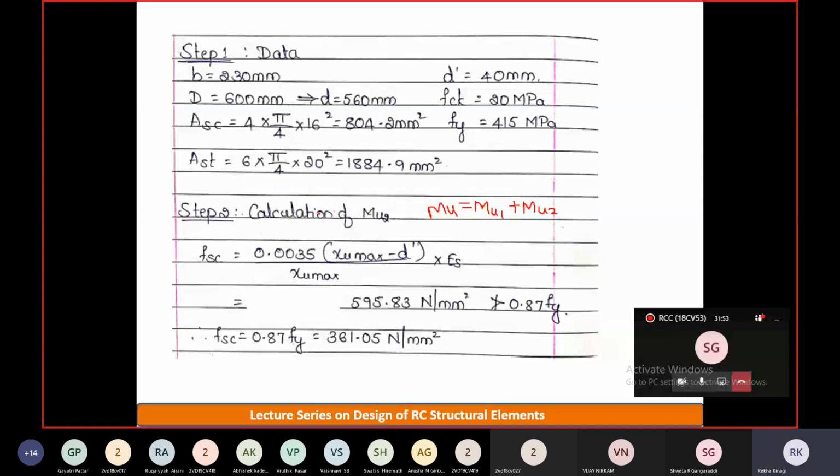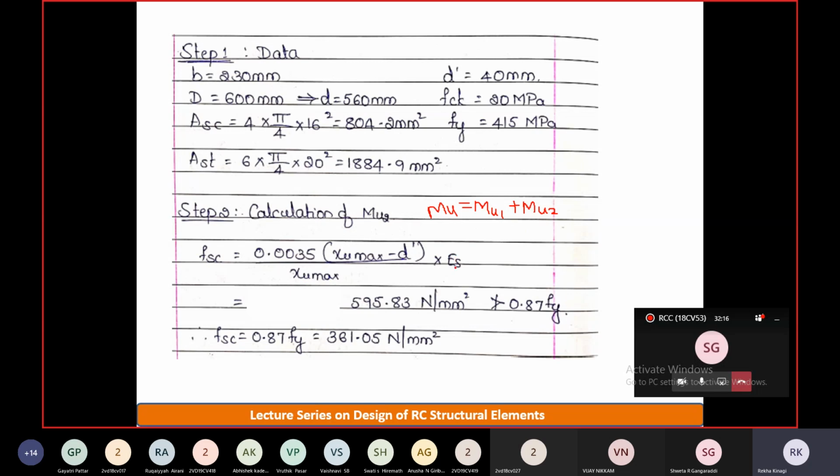Now let's calculate Mu2 first. In order to calculate Mu2, we have the equation FSC ASC into D minus D dash. So let's calculate FSC. How to calculate FSC? It is 0.0035 into XU max minus D dash, divided by XU max, into ES, that is Young's modulus of steel.